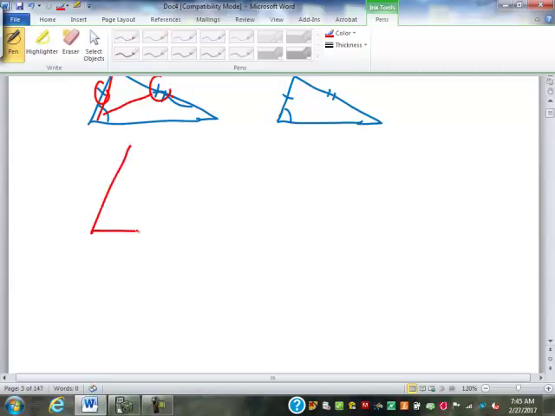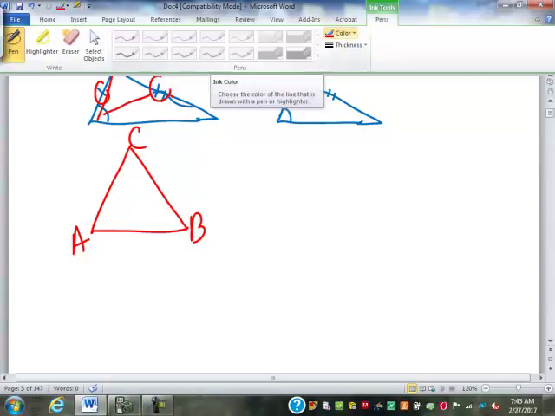Normally when we talk about our triangles, we're going to name the angles. We'll call them A, B, and C for now. We name the angles with capital letters, and we'll name their opposite sides with the same letter, just a small letter.